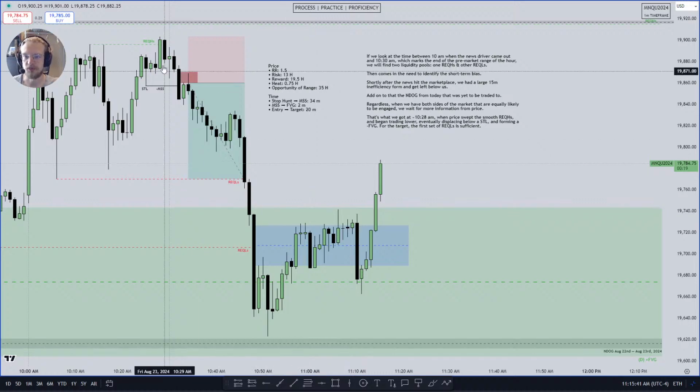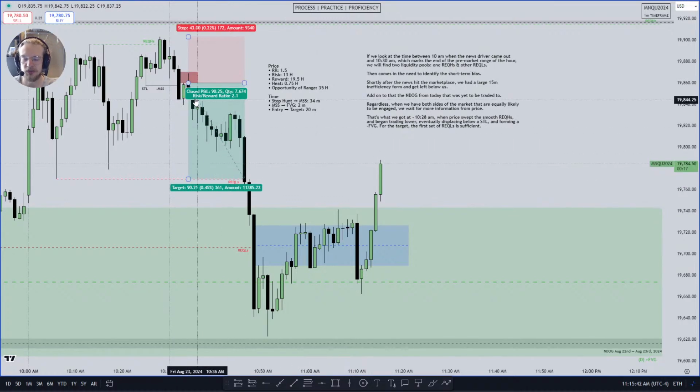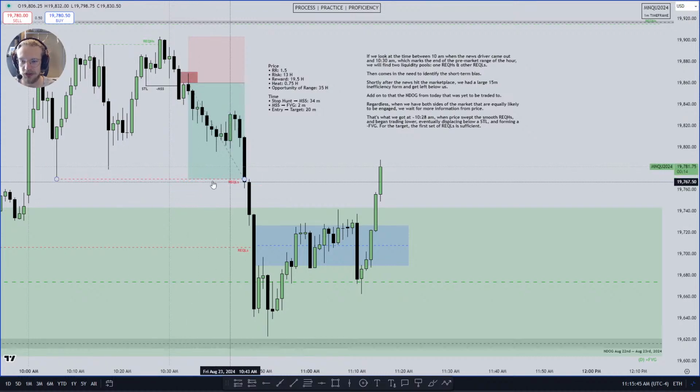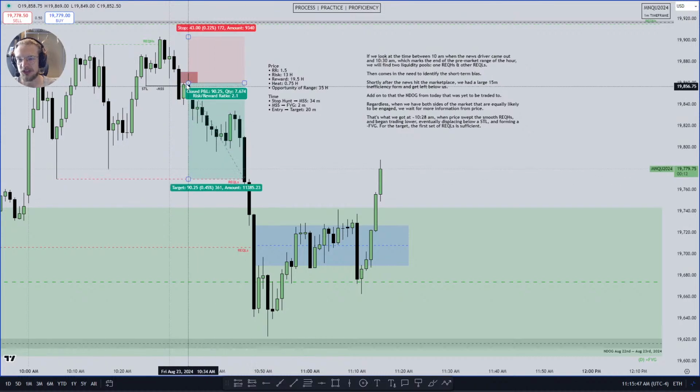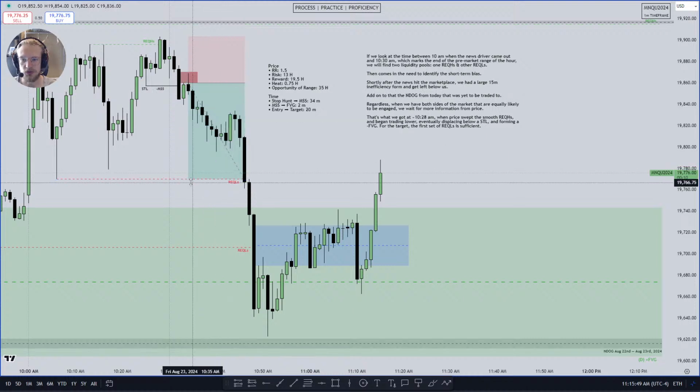And that target, we can anticipate it to be hit. If we just aim for the lowest hanging fruit, we can enter there and then hold for the relative equal lows.